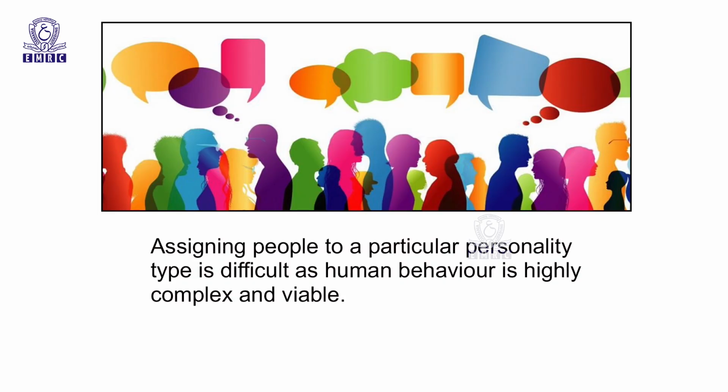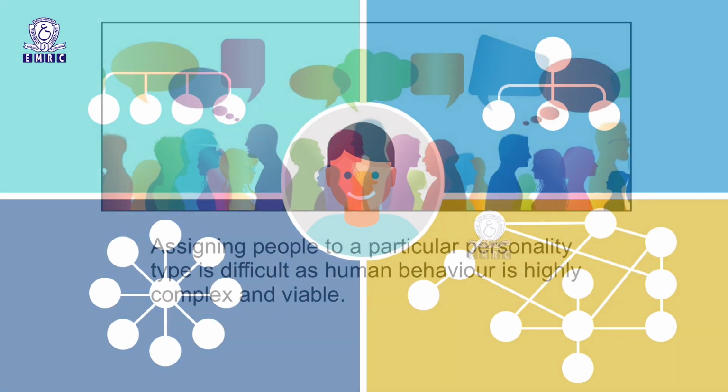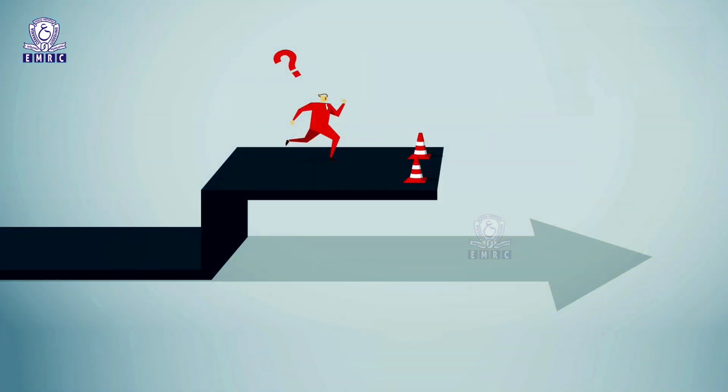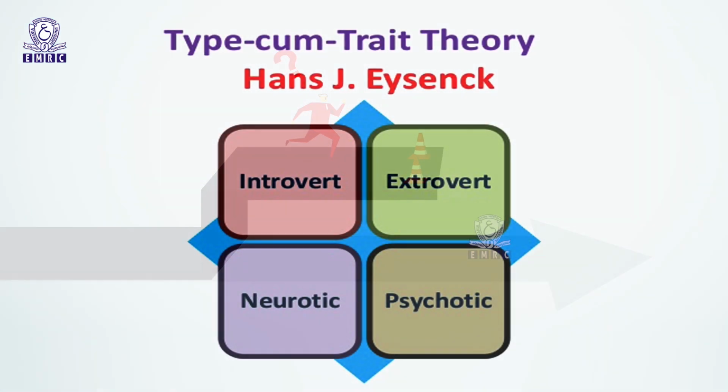On the other hand, assigning people to a particular personality type is difficult as human behavior is highly complex and variable. People do not fit into such simple categorization schemes so neatly. When such limitations are taken into consideration, the present theory, that is Eysenck's theory, which is the trait-cum-type approach, plays an important role in understanding personality.